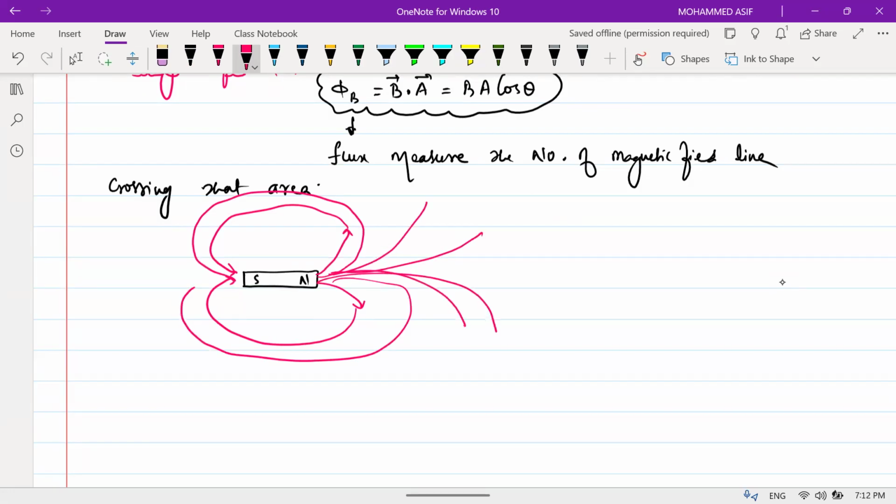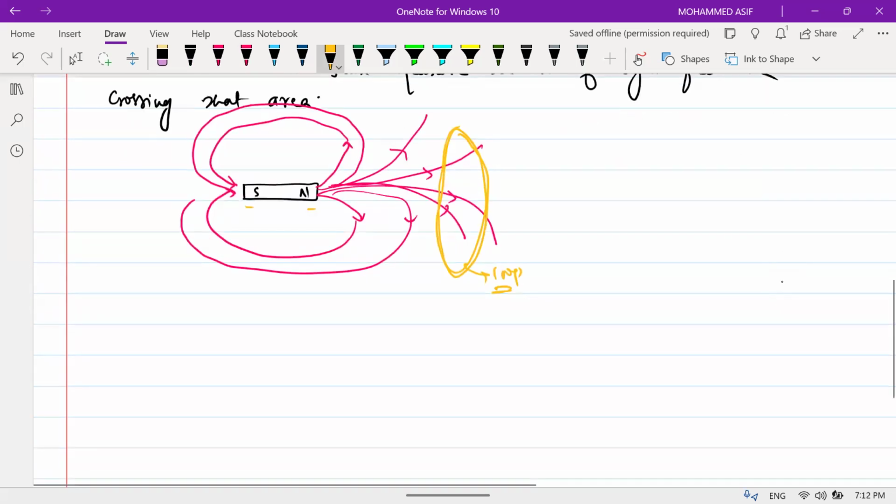Now, if I keep a coil somewhere here, the number of magnetic lines passing through this loop is given by your flux. Magnetic field starts from the north pole and terminates at the south pole. Am I clear?